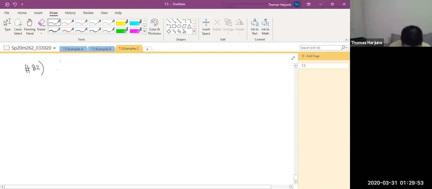The integral of sine x cosine x over sine to the 4th x plus cosine to the 4th x dx. Okay.